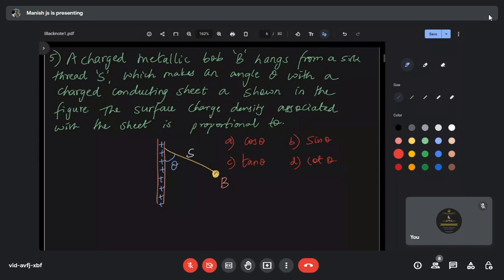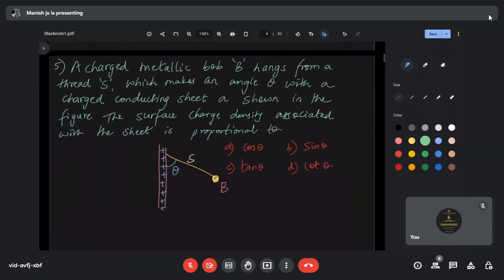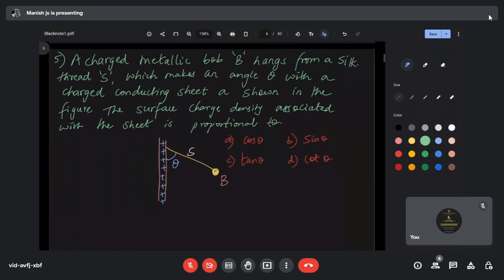So a charged metallic bob is hanging from a silk cloth. What I've written on the top, I'll just rewrite it for you. So இங்க metallic bob இருக்கிறதுனால நீங்க free body diagram எல்லா forcesமே காட்டணும்.